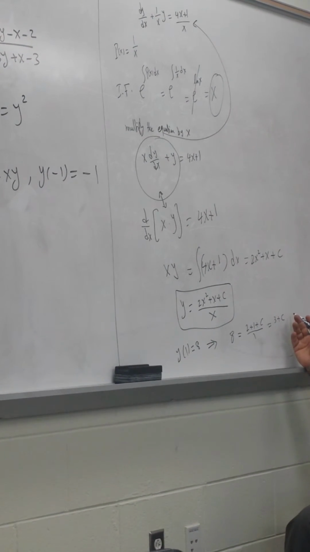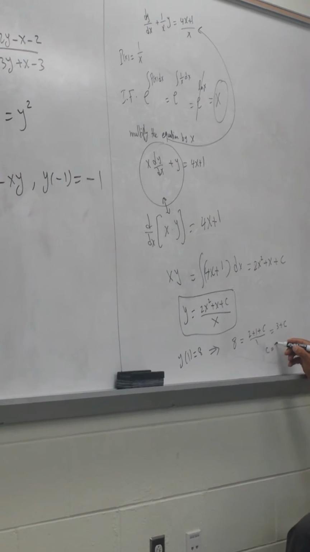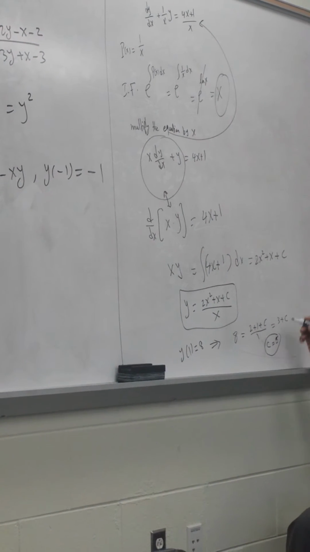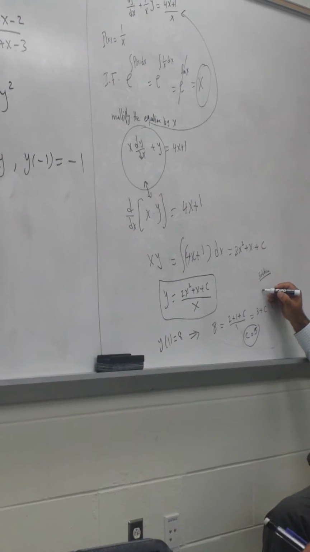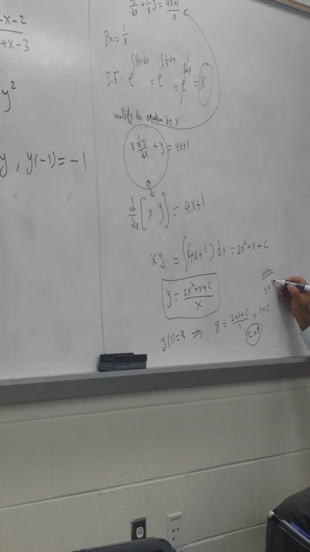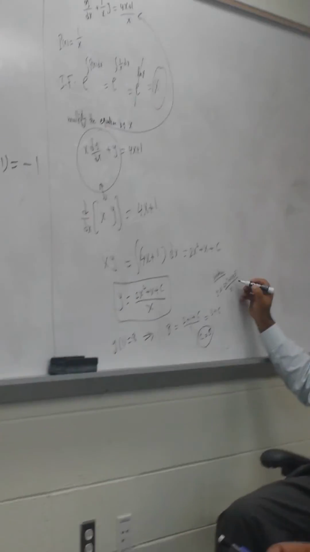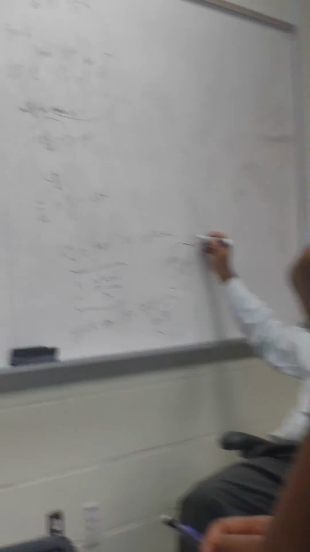So 3 plus c equals 8, then c equals 5. So the solution to the initial value problem becomes y equals 2x squared plus x plus 5 over x. This is the solution to the initial value problem.